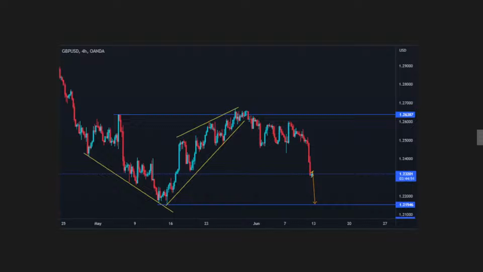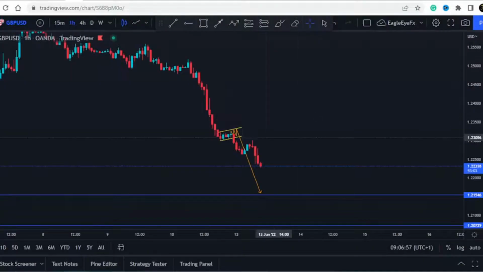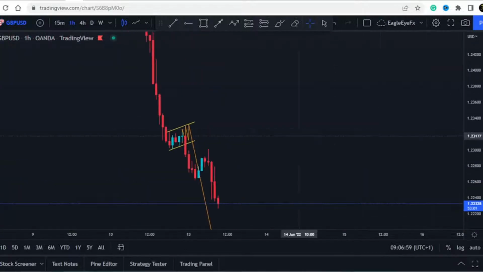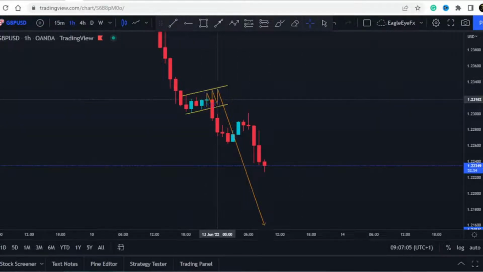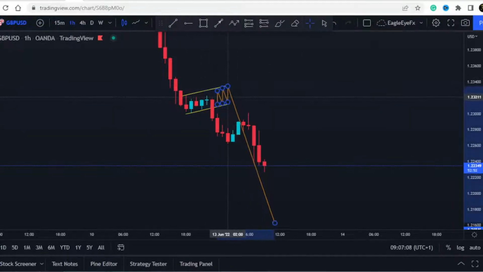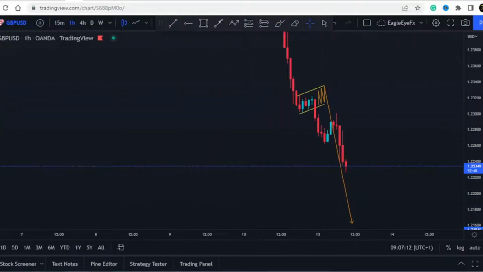The overall target is down, down, down over here. As you can see, it is already playing out. This was 1, 2, 3, 4, 5, 6, then it broke out. So this was my prediction. I was expecting this to play out this way and then move over this.